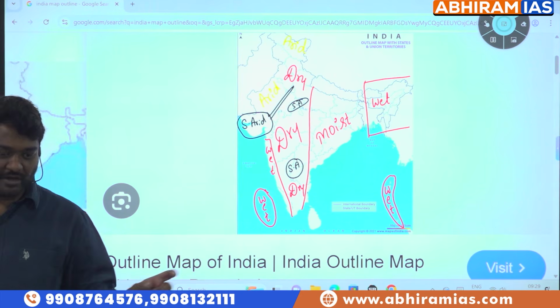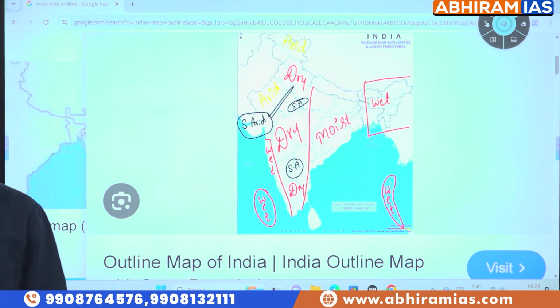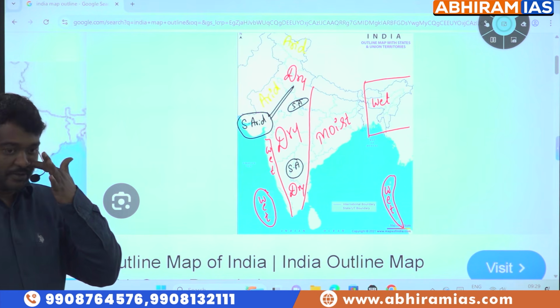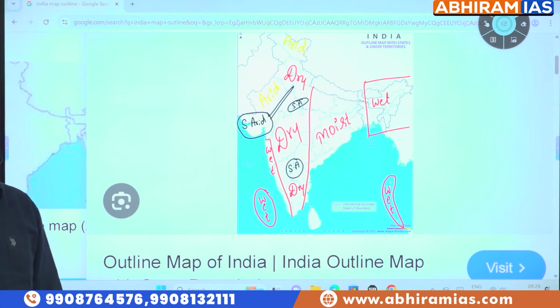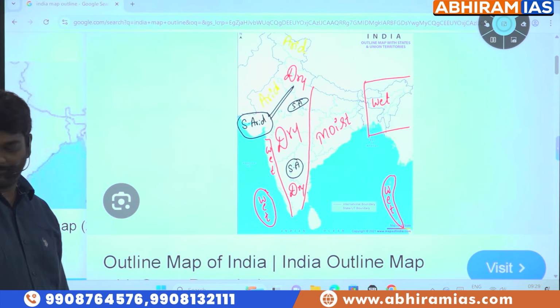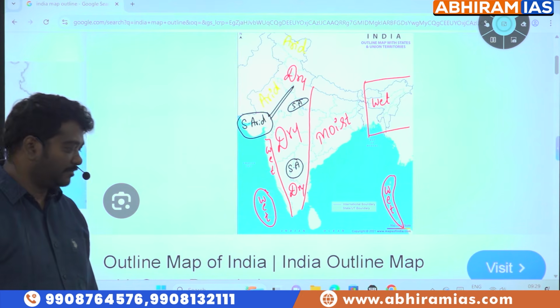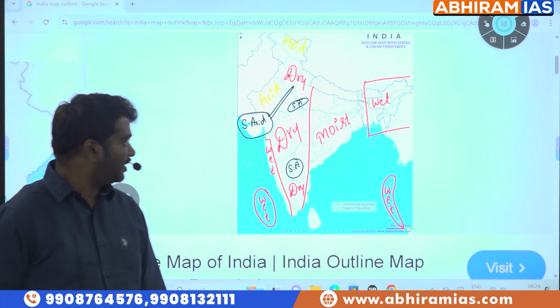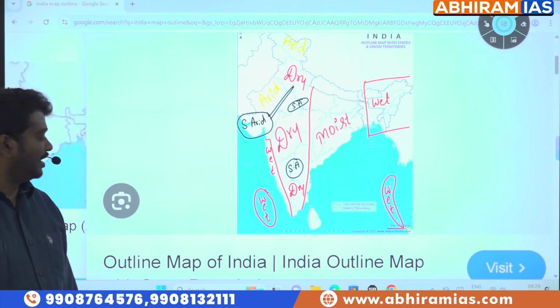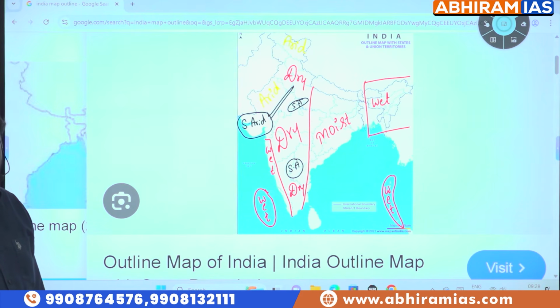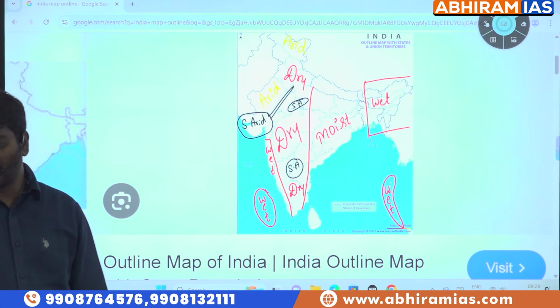Climate, rainfall, areas. 3 columns. Climate, rainfall, areas. First one, wet, 200 to 250. Wet climate, rainfall is 200 to 250 centimeter. Areas: Andaman and Nicobar, Lakshadweep, west coast of India, northeast India.